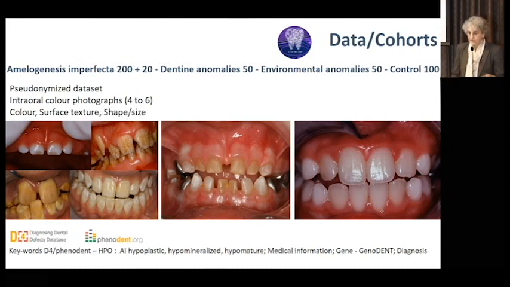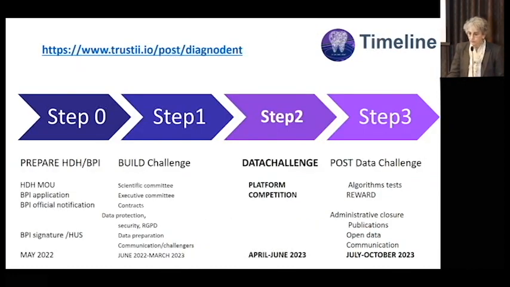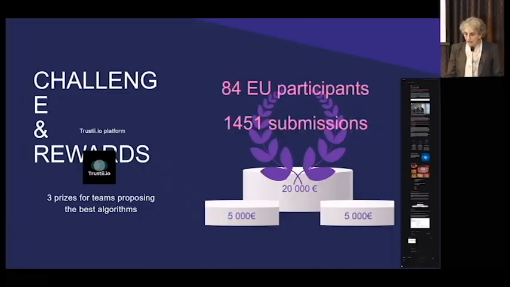So you have to understand it's not only enamel, it's enamel defect with epilepsy, enamel defect with nephrocalcinosis, so really broader rare disease. So we prepared the data challenge. We made it. We left 3 months to the competitors to actually work around our data set, and we are now at the time of giving the prize to the competitors.